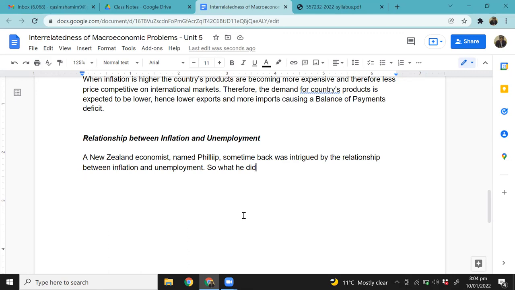So he took countries' inflation and unemployment statistics and plotted the graph.